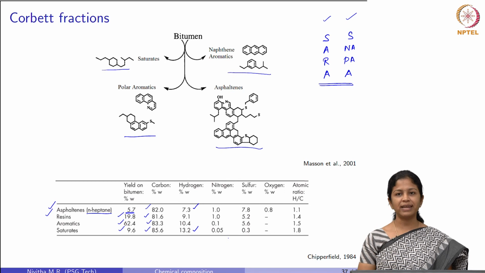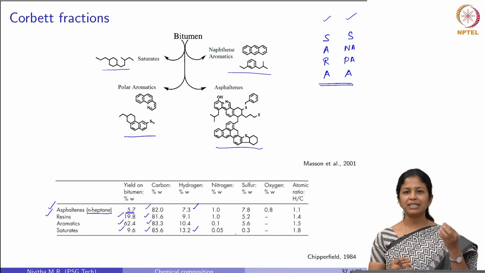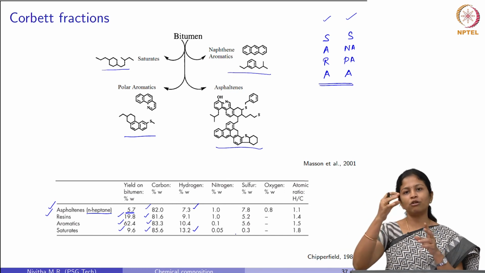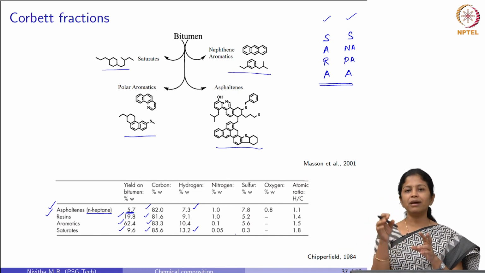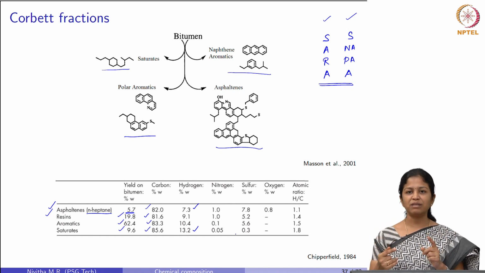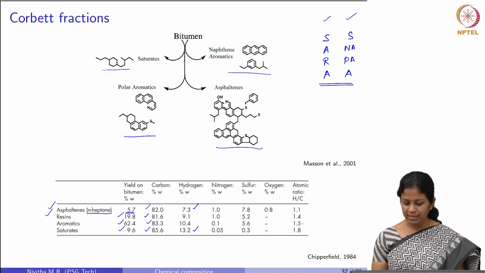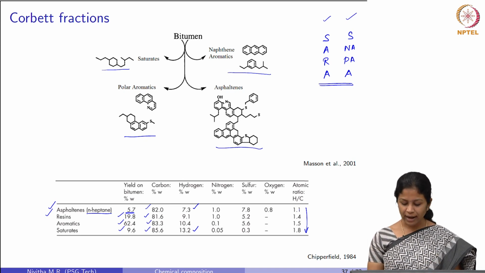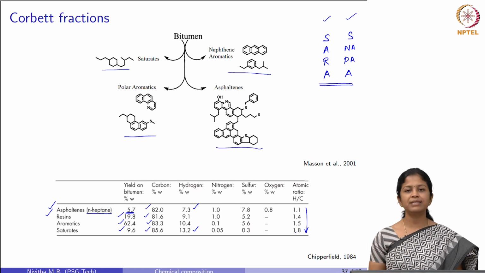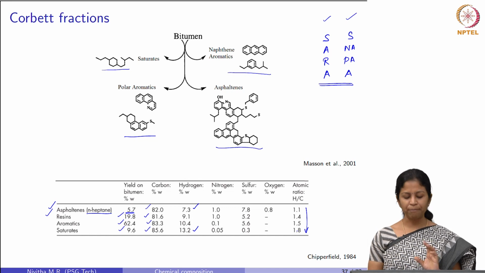So, previously we said, right, the number of hydrogen atoms is less in a bigger molecule because many bonds are taken by carbon atoms. So, in a big molecule, the amount of hydrogen atoms is lesser. So, when we look at this hydrogen to carbon ratio, it keeps increasing. For materials with larger molecules, lesser hydrogen content, the ratio is lesser, whereas in the case of saturates fraction, we can see this ratio is about 1.8.